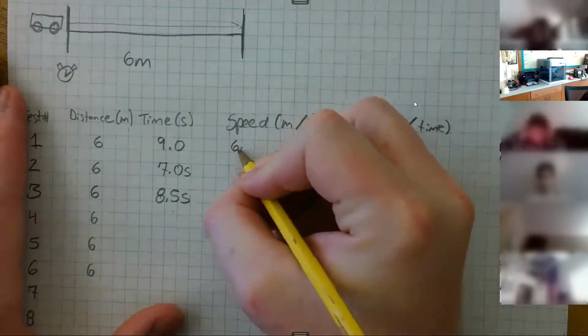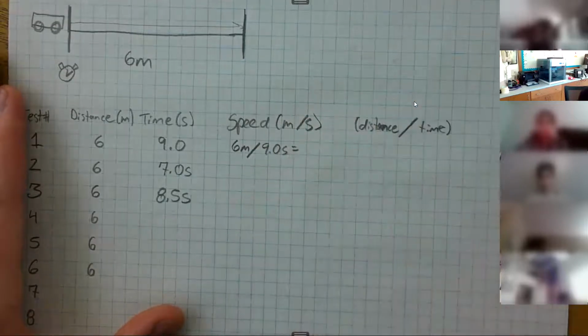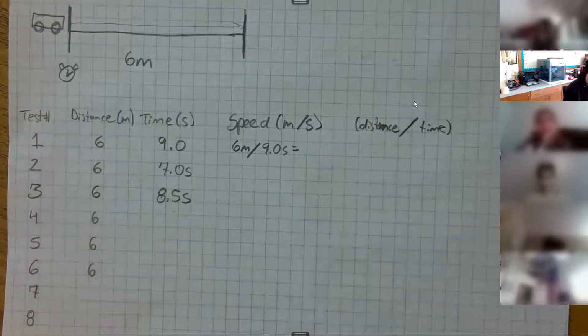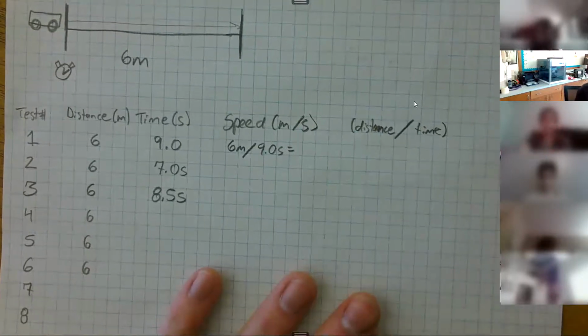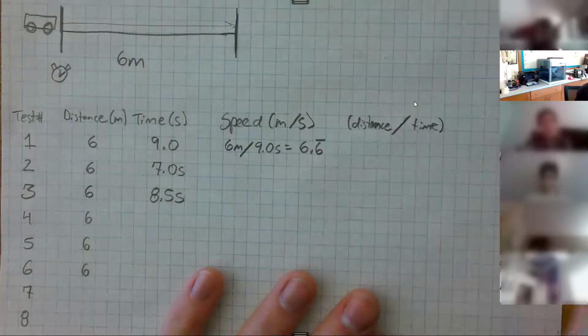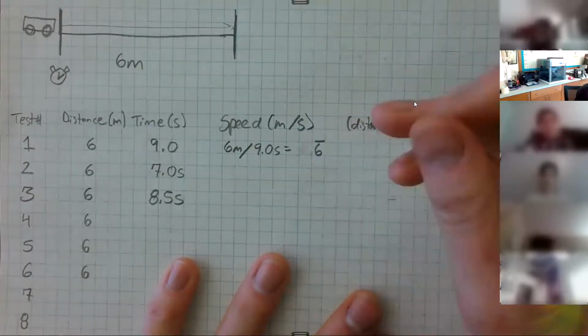So 6 meters over 9.0 seconds equals, what's 6 divided by 9? I know it's 0.6 repeating.